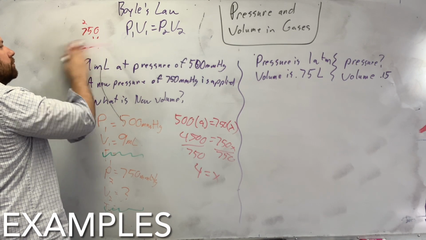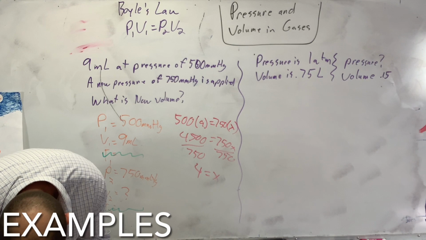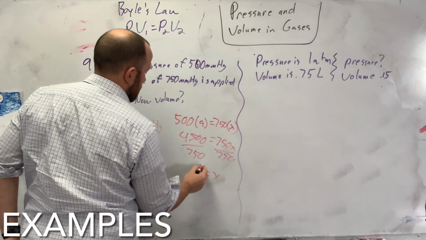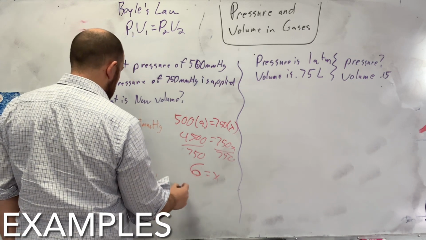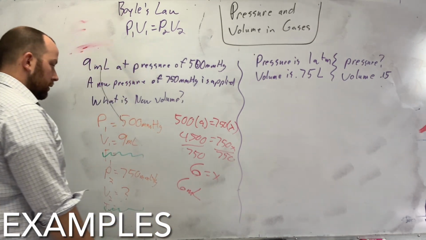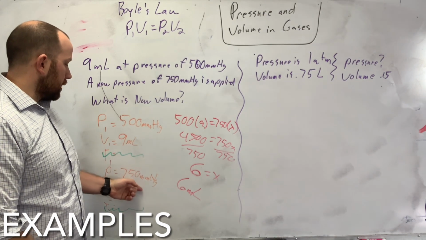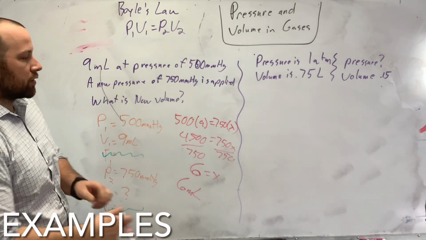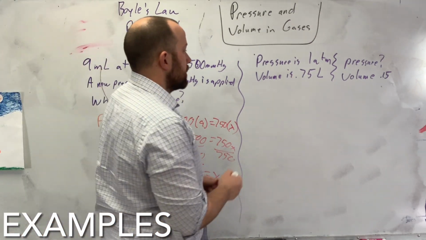Nope. It is 6. I was close. So our new volume is 6 milliliters, which if you use your common sense, the pressure went up, so the volume had to go down. That does make logical sense. Let's go over to this one, and we're going to do the same thing.